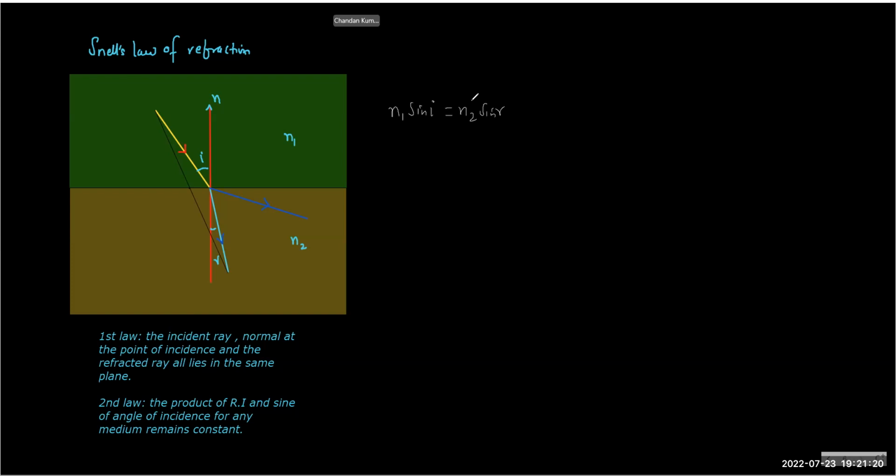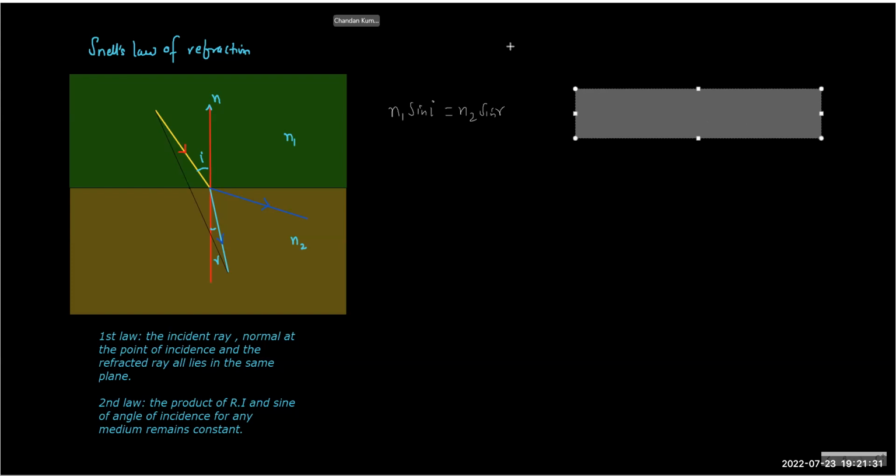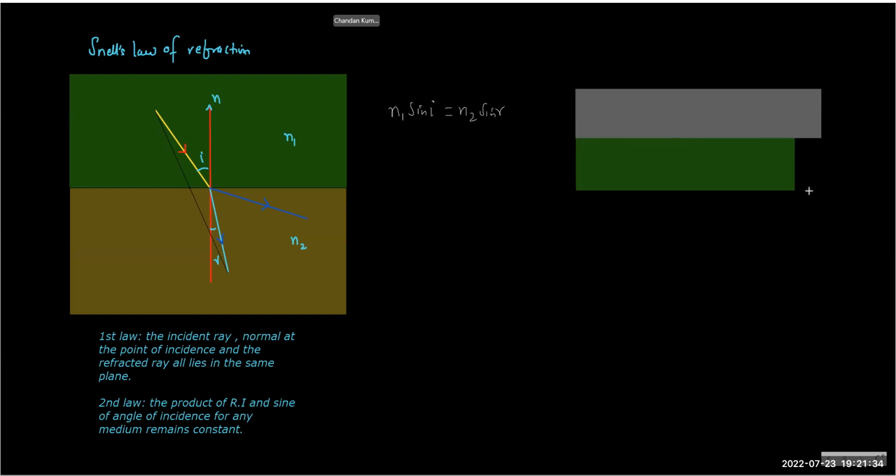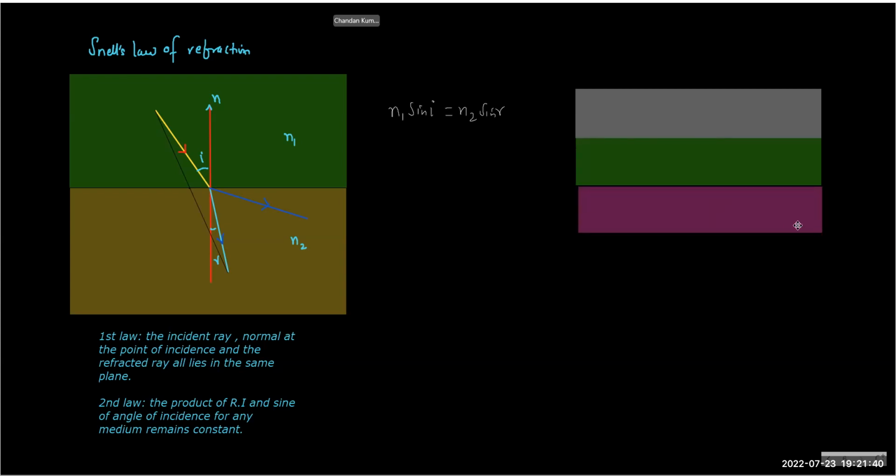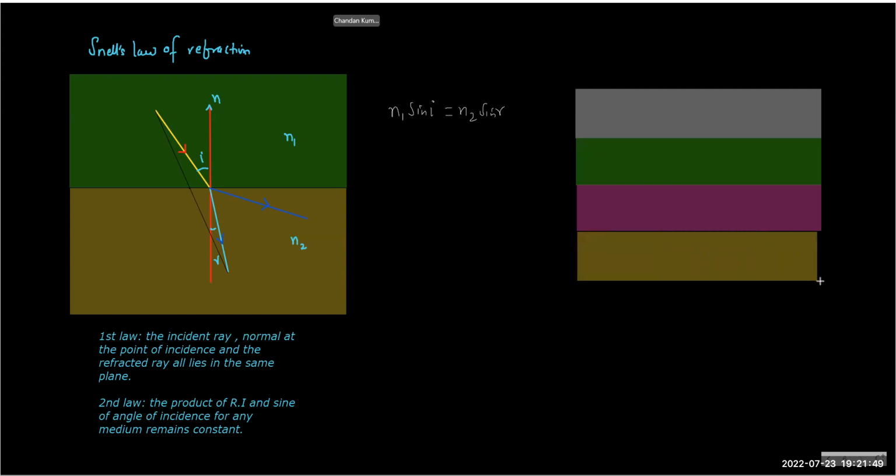So what does it mean is, if you have multiple pairs of media, as long as all the boundaries are parallel to each other, then Snell's law doesn't need to be written only for the consecutive pair. You can write for the first and the last also. You can write between here also.